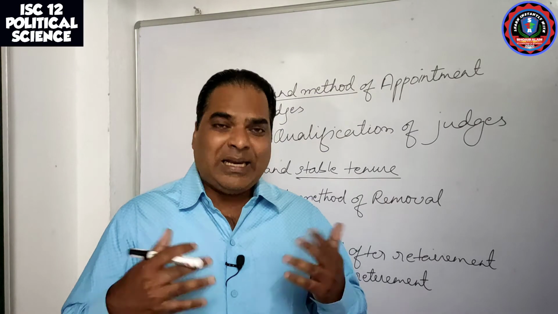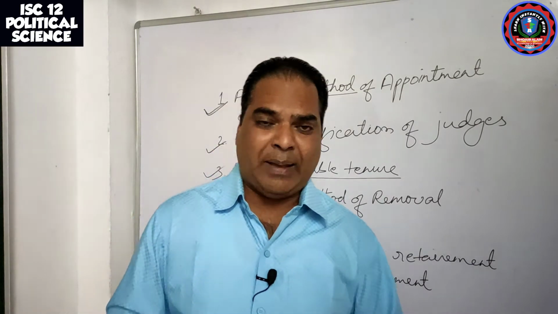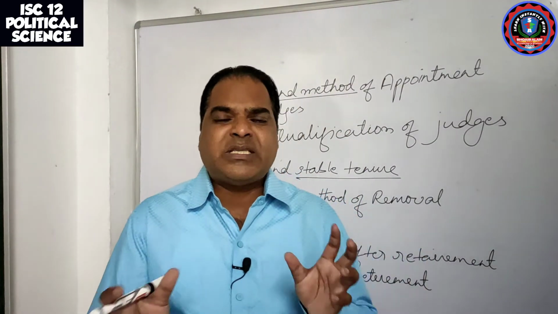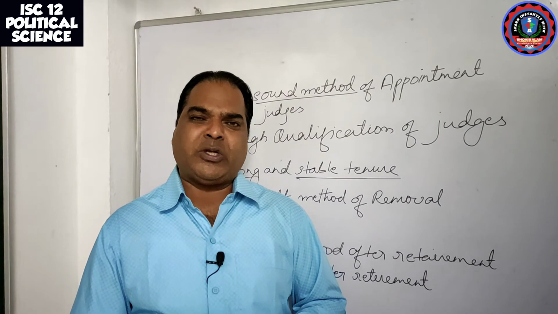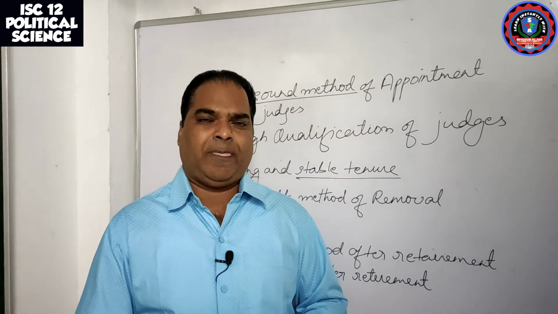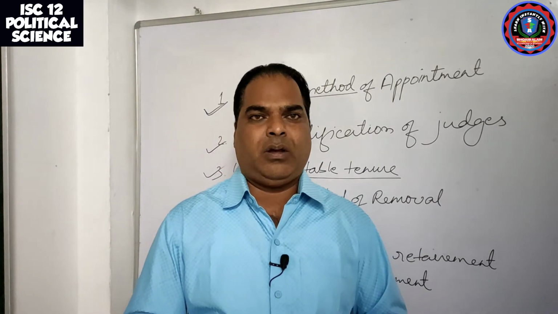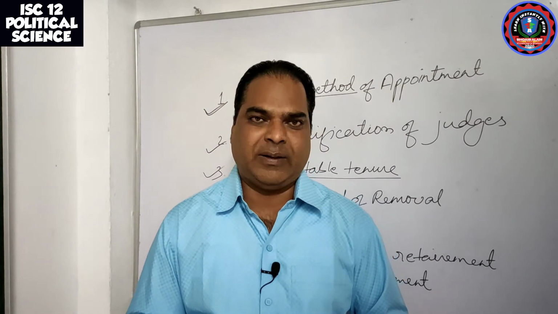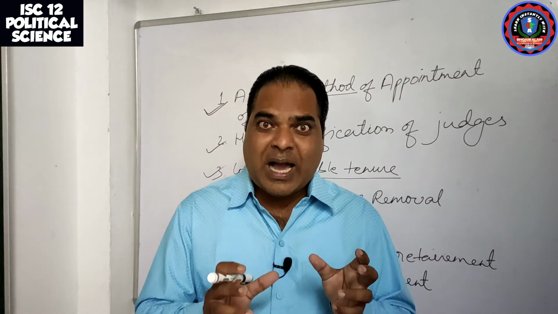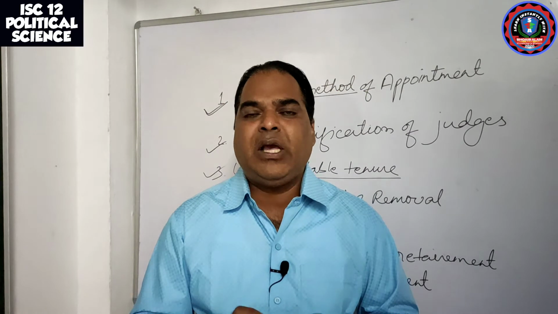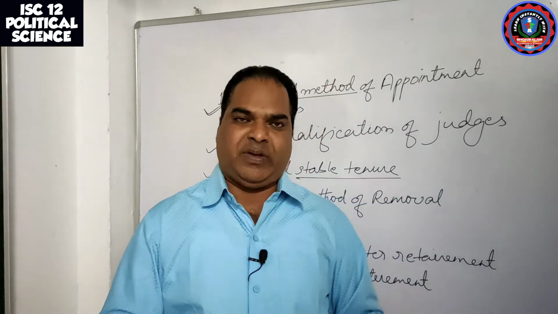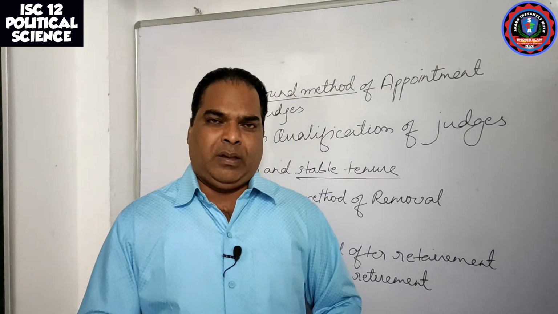Later on, the Americans made some changes and made it possible that a judge can retire after the age of 70. A judge who retires after the age of 70 will get the benefits of service. What does it mean?